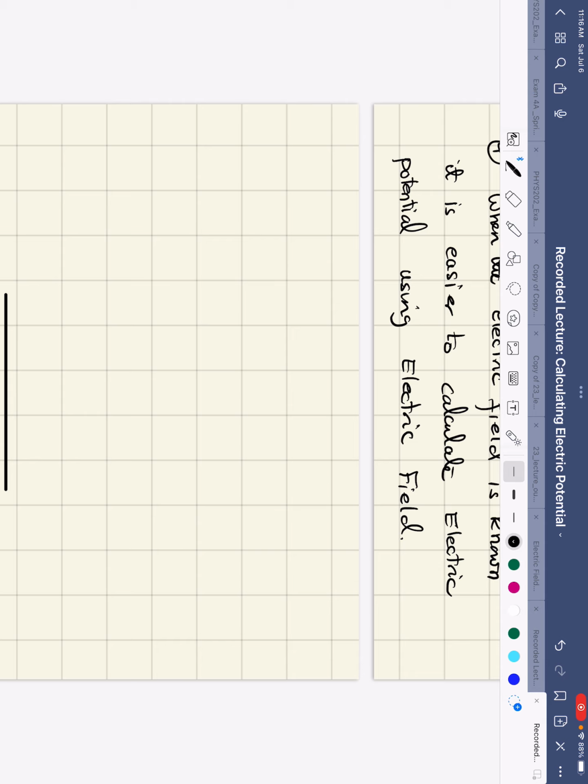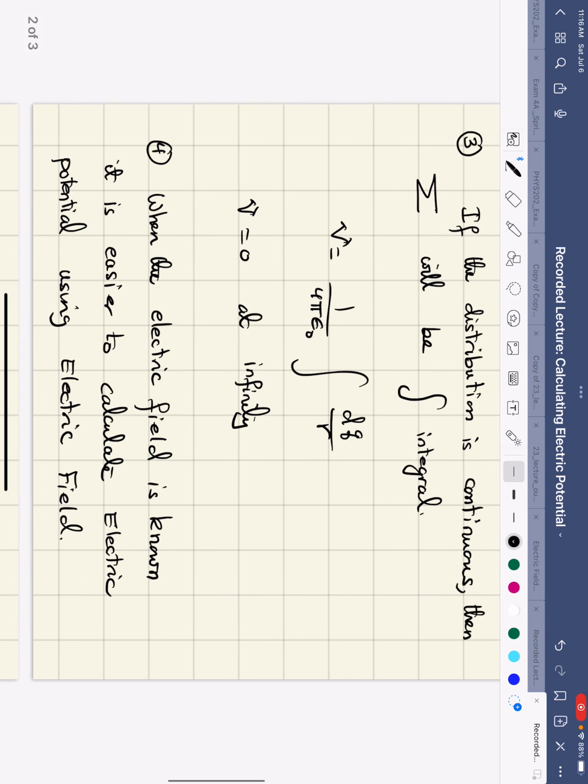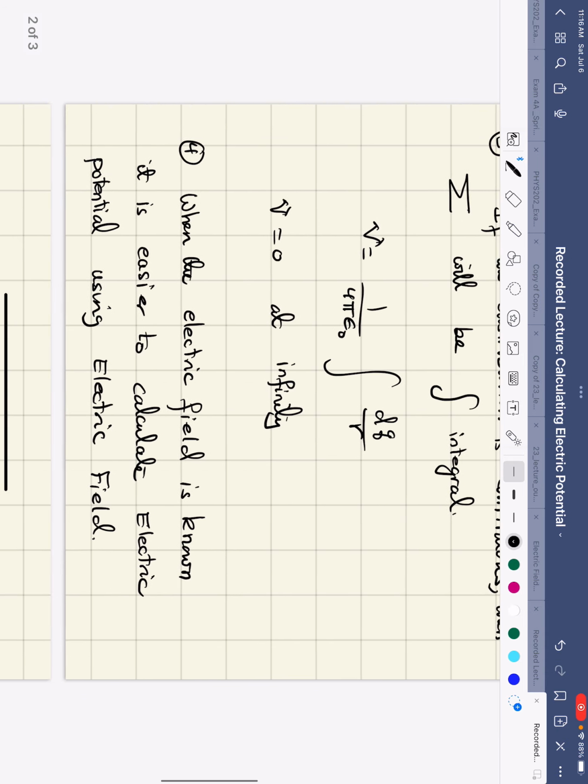This is another method of doing it. Then we have four methods.